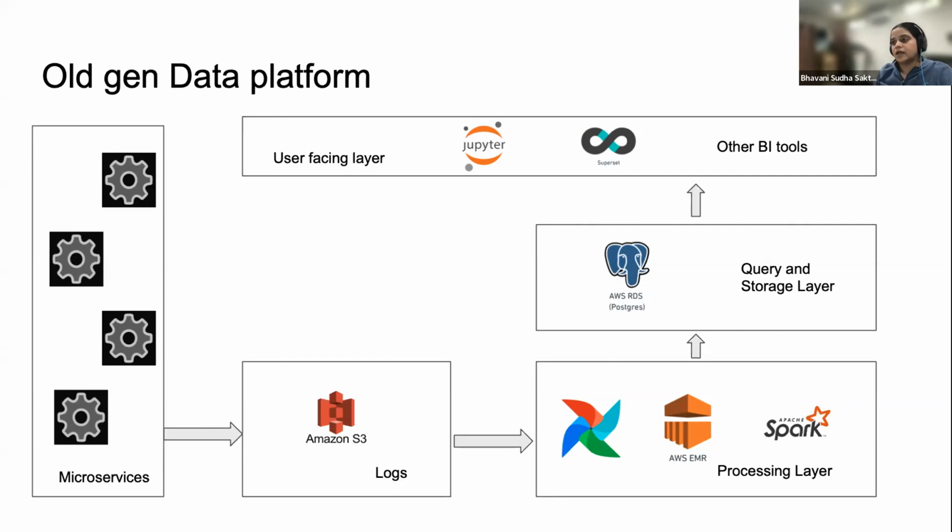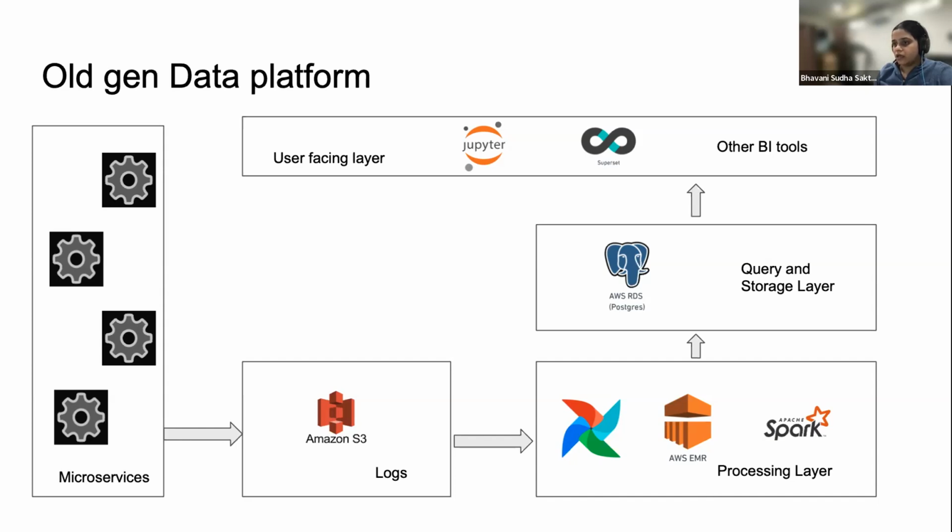These logs are shipped to Amazon S3 periodically, and we use Apache Airflow to orchestrate ETL pipelines that are Spark-based and run on top of EMR to consume these logs, process the data, and write it to Postgres. Then our querying layer queries Postgres for various analytical needs, like notebooks, Superset, and other dashboarding tools.